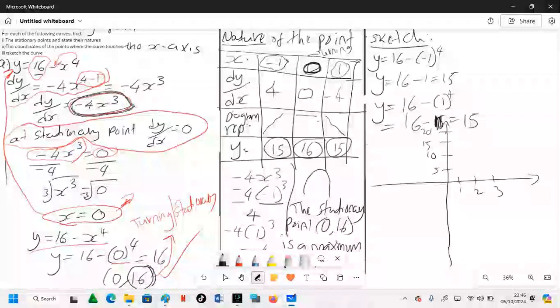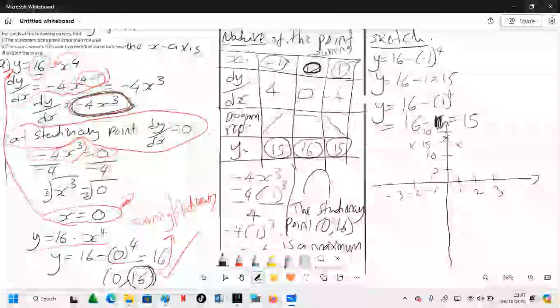So 1, 2, 3, negative 1, negative 2, negative 3. So for negative 1, 15 is going to be there. Then for 0, 16 is going to be there, on the y-axis. And then for 1, 15 is going to be there.